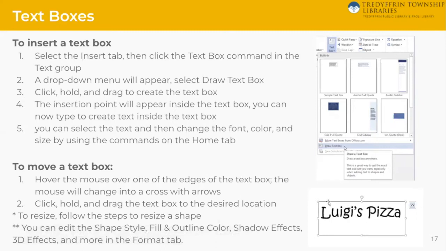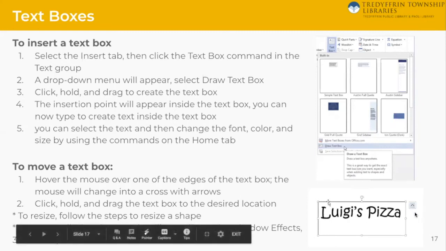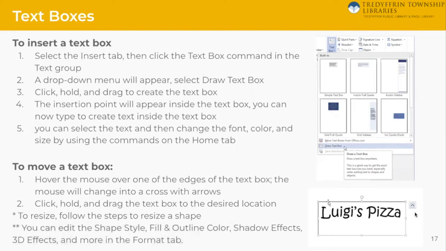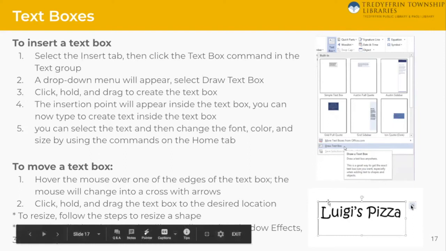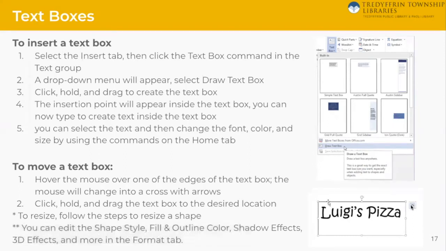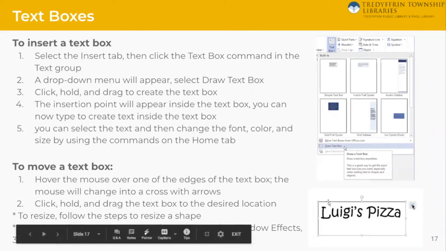The boxes are typically automatically set for, I believe, tight text wrapping, so you won't have to worry about changing that text wrapping like you do with images. But if you want to change your text wrapping to in front of text, beneath text, or to square instead of tight, you can do that, and it'll be the same as changing it for images.